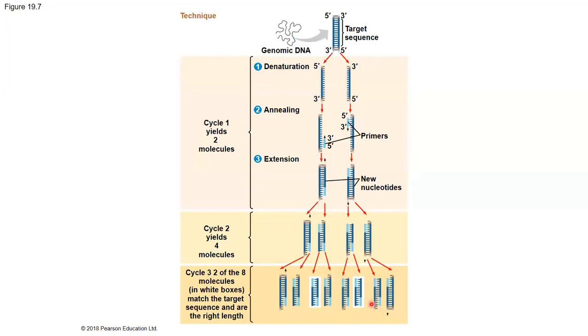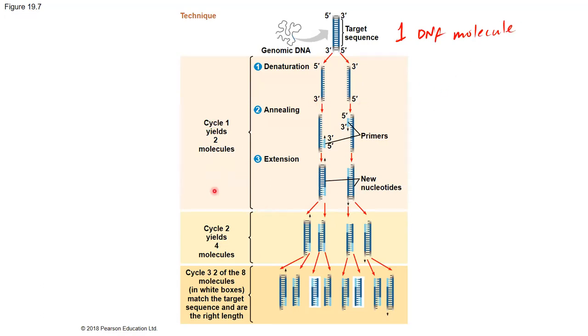Now, this figure summarizes the major steps in PCR and what happens during each step to the DNA molecules that are being amplified. Okay? So as you can see here, we just can see the amplification of one DNA molecule during 3 cycles.